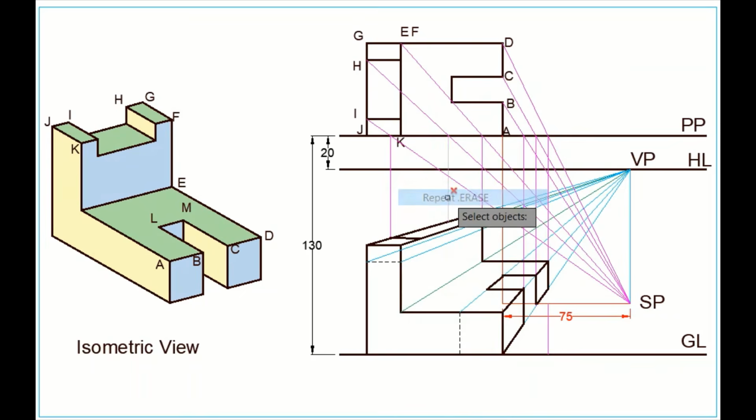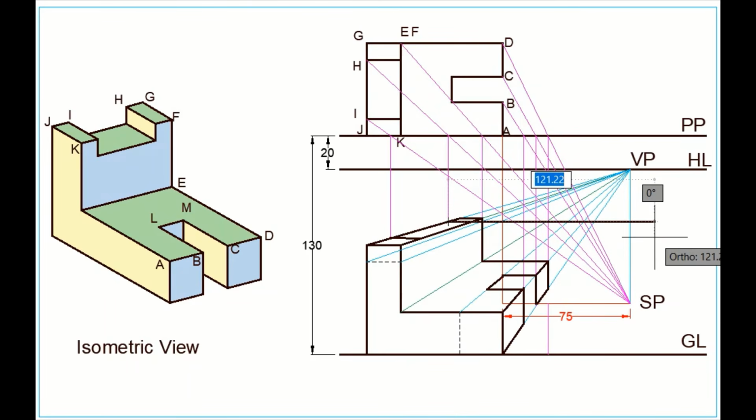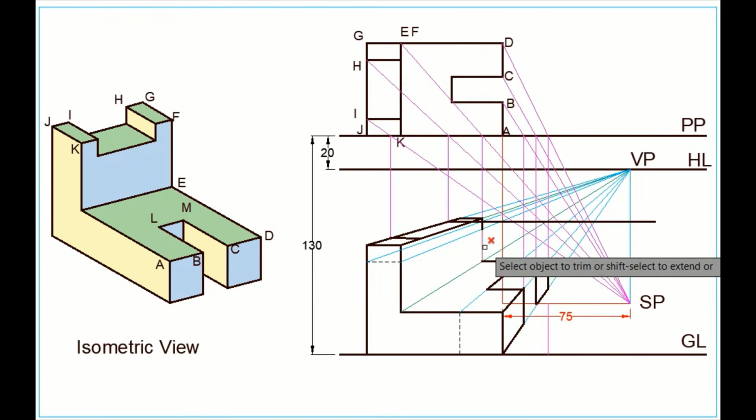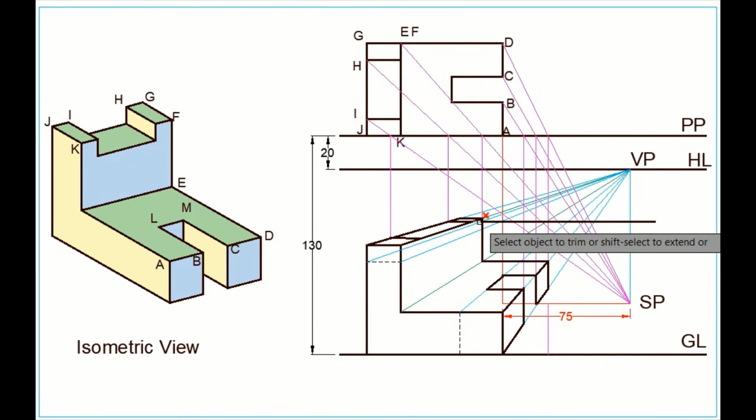And you draw another horizontal line from here this way, but it has to be horizontal, and erase this line, not required.